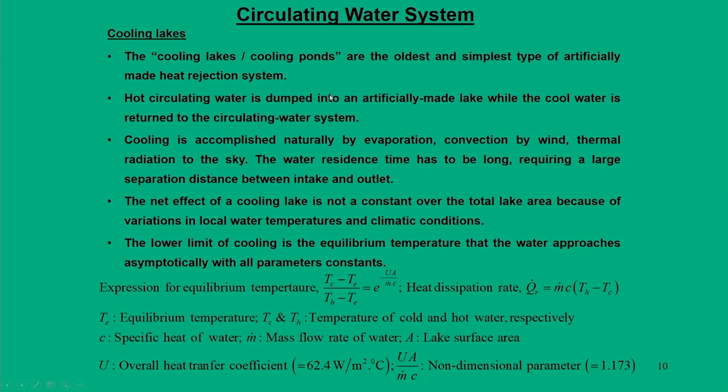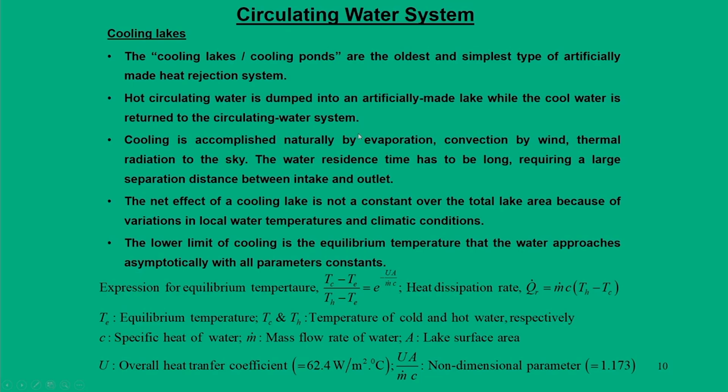What we normally do is prepare an artificially made lake, an area into which we put all the disposal water, and we allow maximum residence time for this water so that it cools naturally. While cooling naturally, it can cool by evaporation, convection by wind, or thermal radiation to the sky.